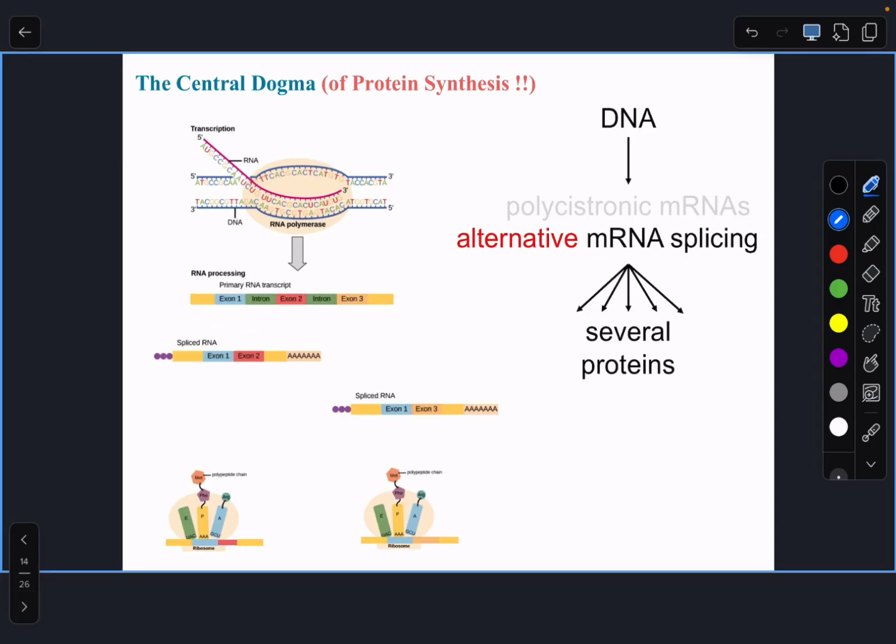In eukaryotes, there is a different flavor, but the essence of the message is the same, and that is, from the same sequence in DNA, eukaryotic cells often generate different mature messenger RNA molecules through a process that we know as alternative splicing, such that from the same region of DNA and from the same molecule of RNA that is originally transcribed from that region of DNA, you end up obtaining different proteins.